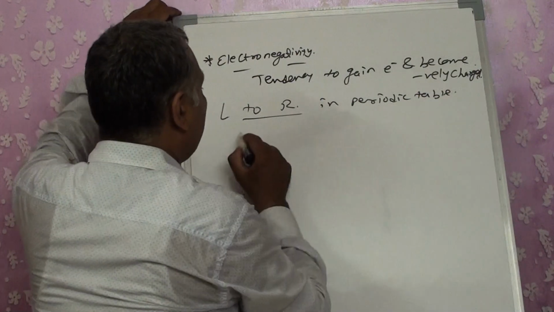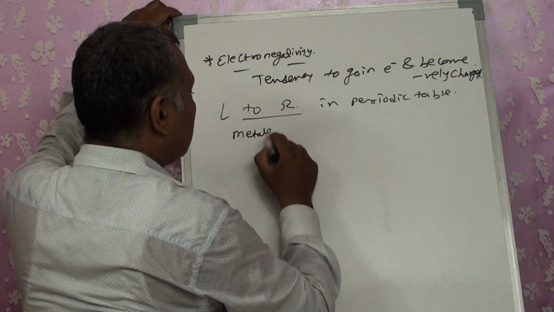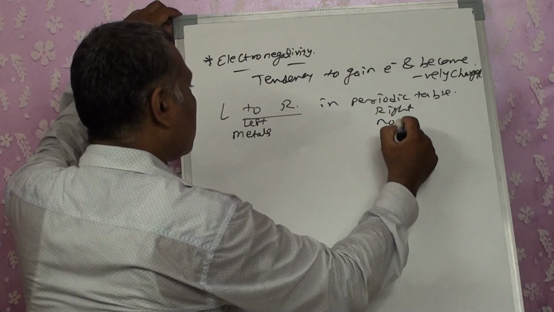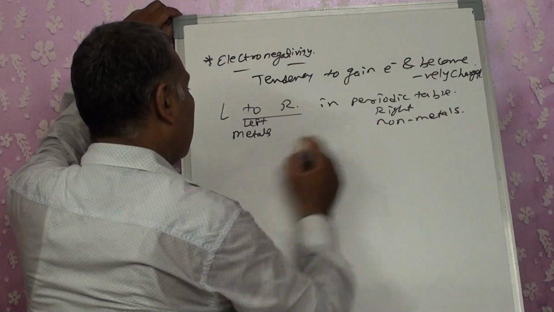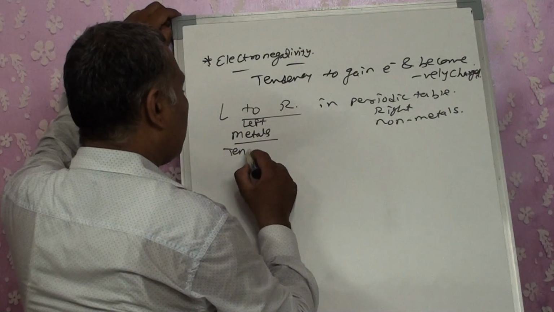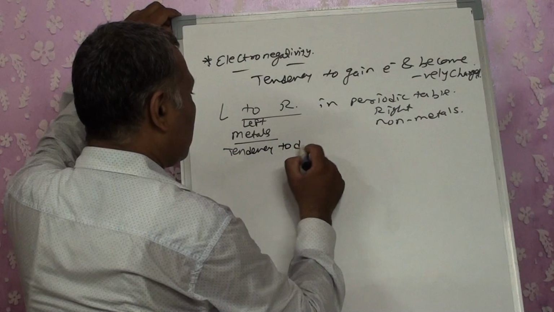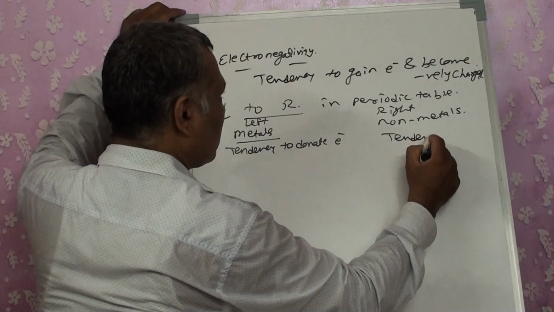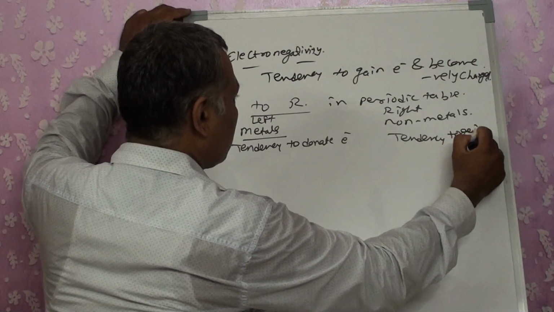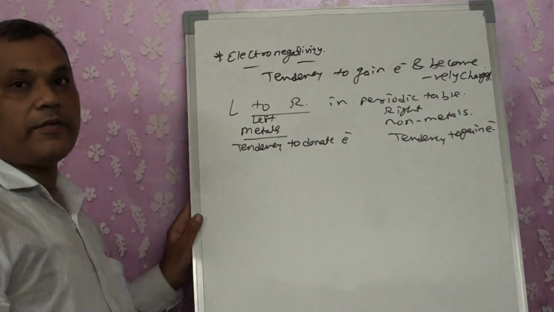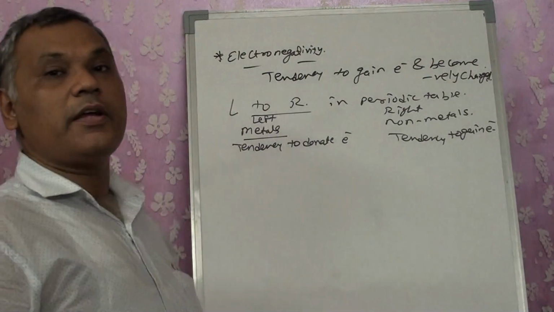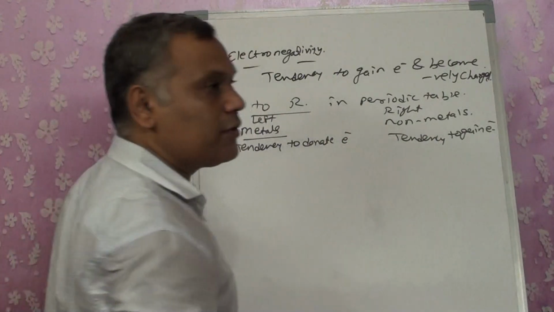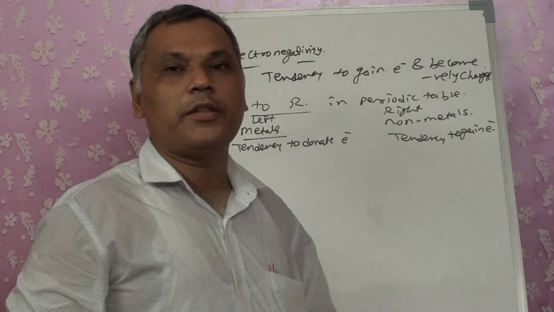So now let's go to the trend, left to right in the periodic table.